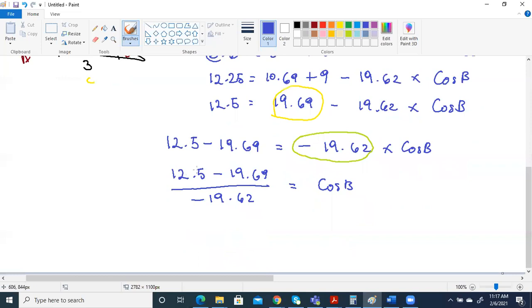So let's work this out now. The top part should give you a negative number, I think. Negative 7.19.